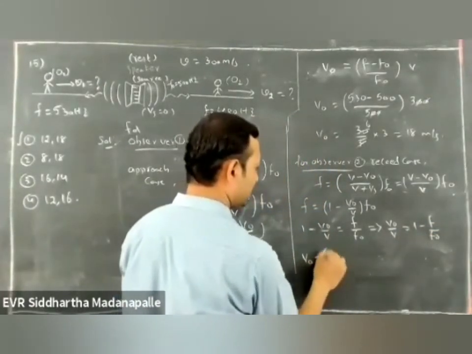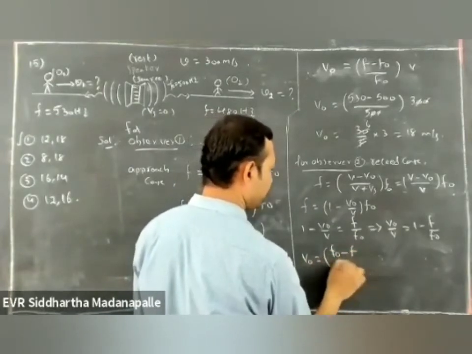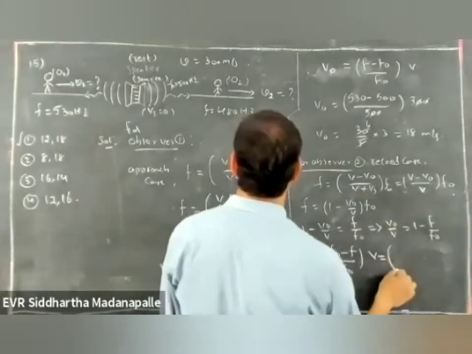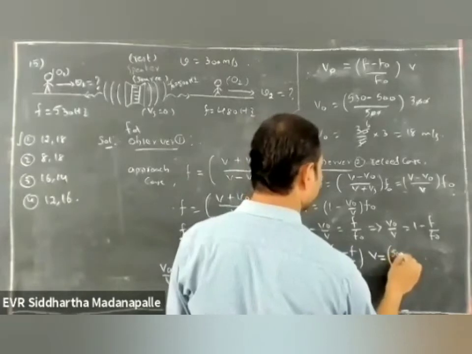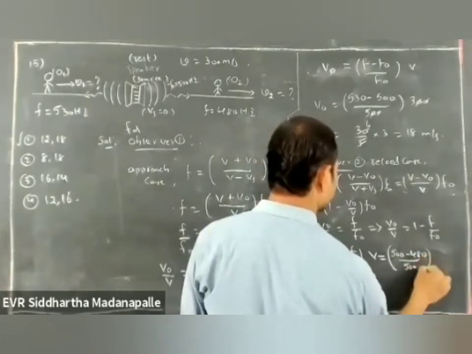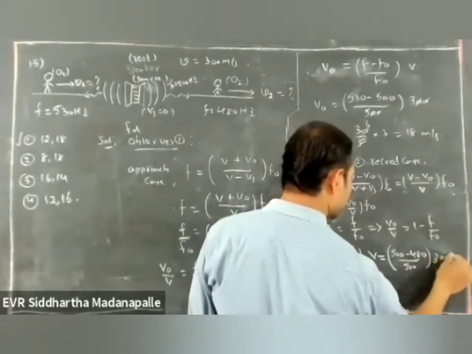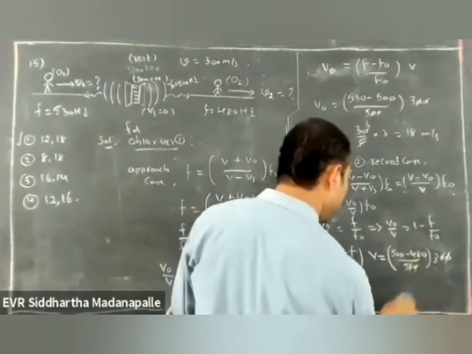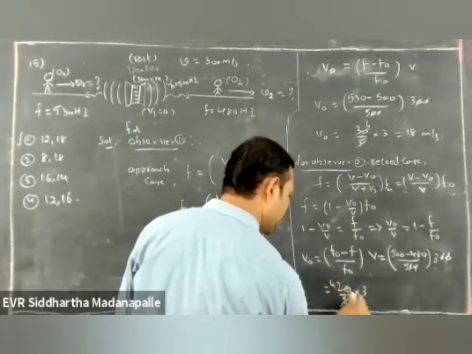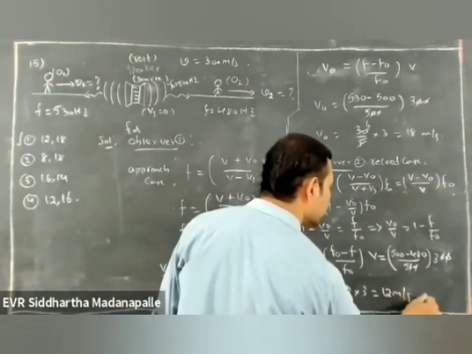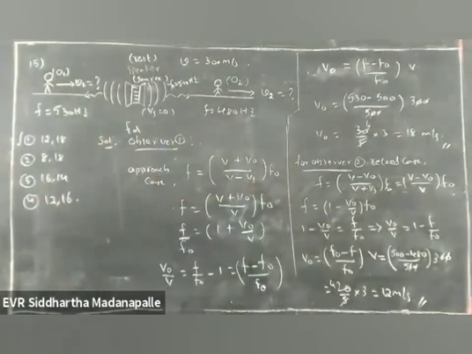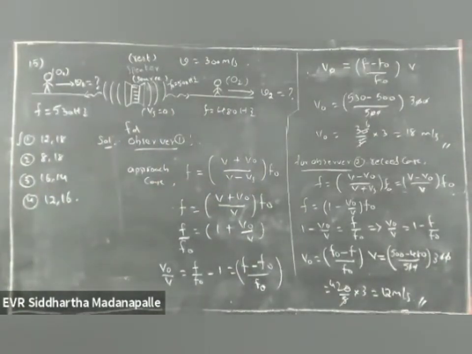So V naught is equal to F naught minus F by F naught into V, that is 500 minus 480 by 500 into 300. Zero gets cancelled, 20 by 5 into 3, which is 12 meter per second. So 18 and 12. That is option 1.